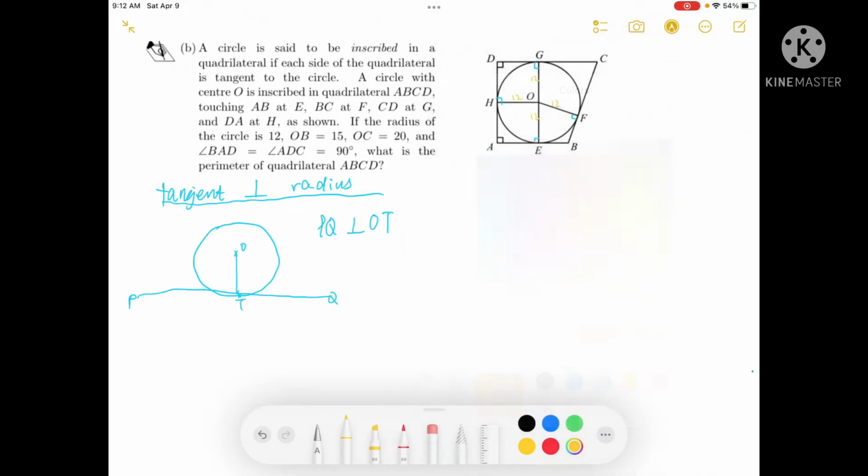OB is equal to 15, so we can extend OB and it will be equal to 15. OC is 20. So what is the perimeter of quadrilateral ABCD?